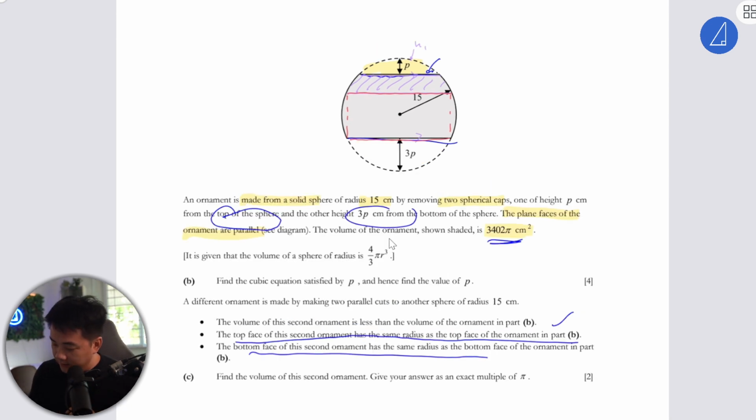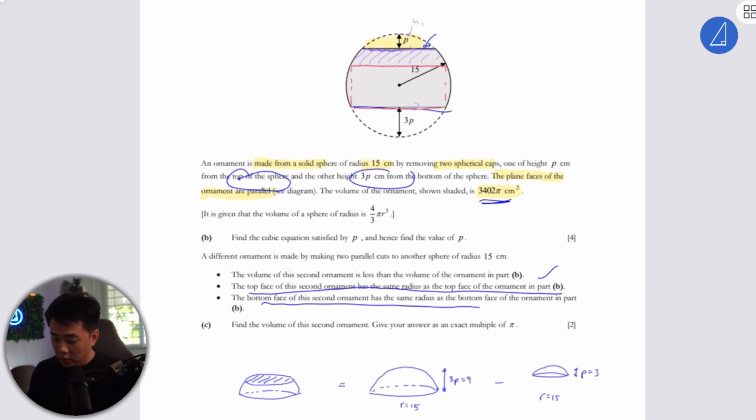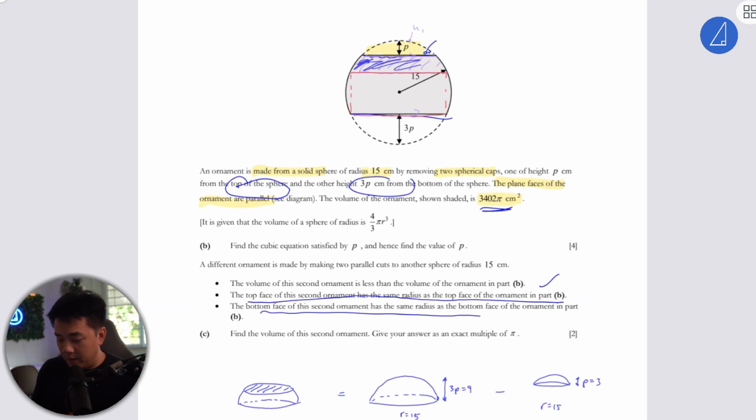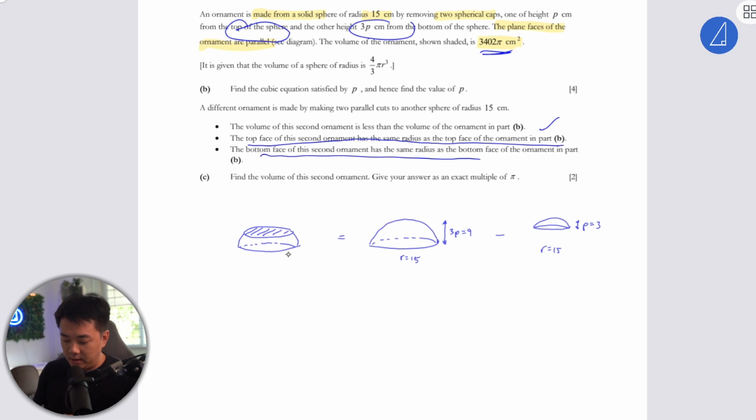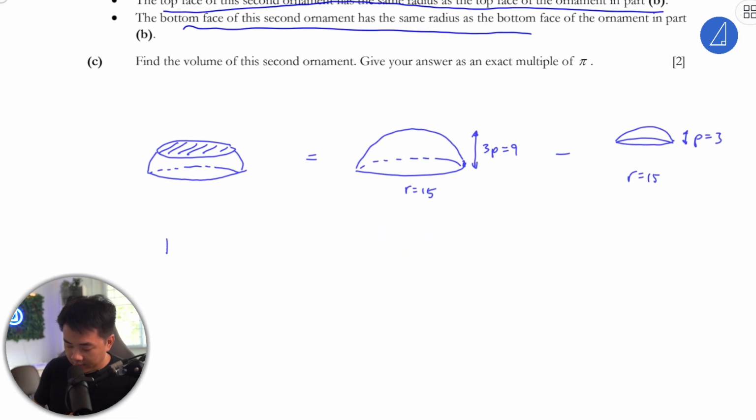So we're told to find the volume of this new ornament. So the new volume, when we revolve this area here about the y-axis, will look like that, right? This is a new ornament. So the required volume is actually taking the top cap with a height of 9 cm, then minus the volume of another top cap, which has a height of 3.